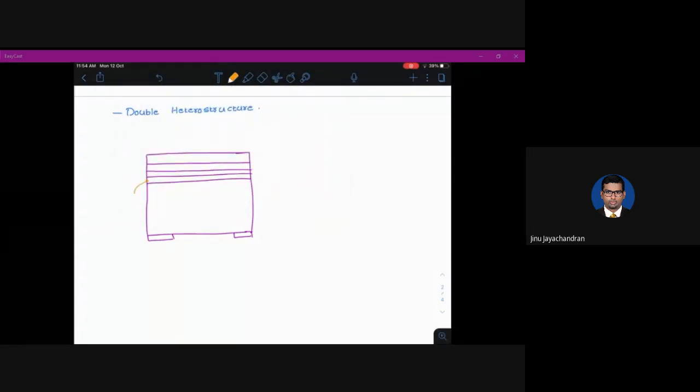The first layer is an N-type aluminum gallium arsenide, aluminum 0.3, gallium 0.7. The second one is our active region. This can be aluminum gallium arsenide with a different composition, aluminum 0.1, gallium 0.9 arsenide, and this is our active region.